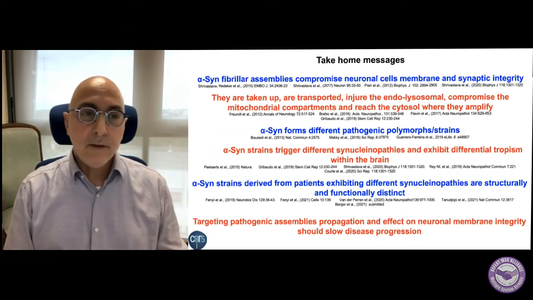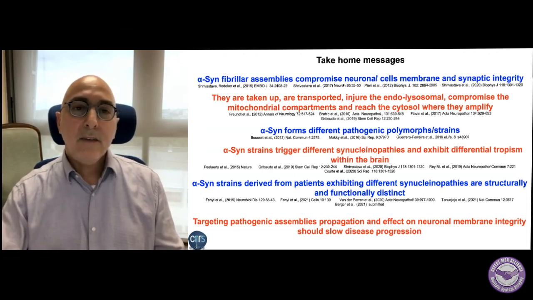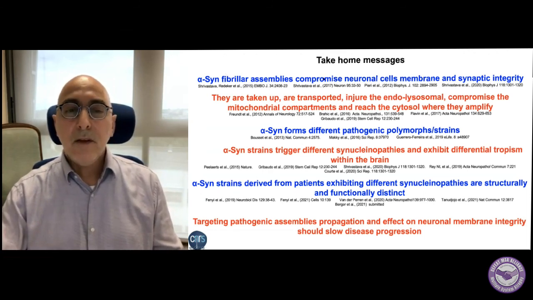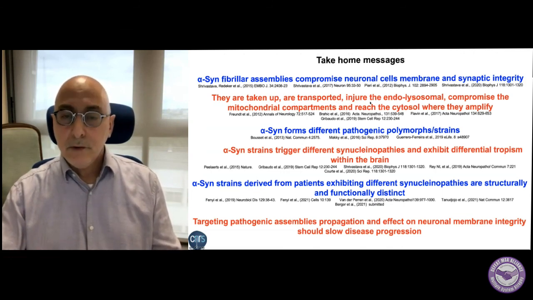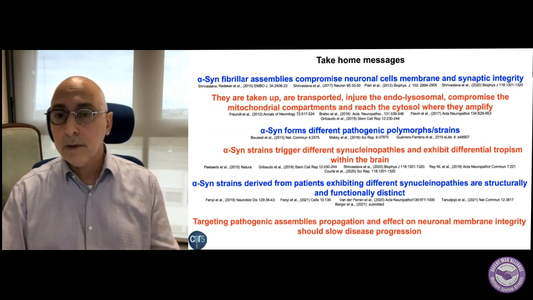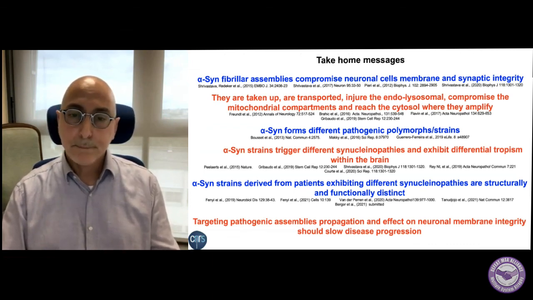So to summarize and finish, what I showed you is that alpha-synuclein fibrils, all kinds of fibrils, compromise neuronal cell membrane integrity and synaptic integrity. They are taken up, they are transported, they injure the endolysosomal compartment as well as the mitochondrial compartment. They reach the cytosol where they can recruit endogenous alpha-synuclein and therefore multiply.